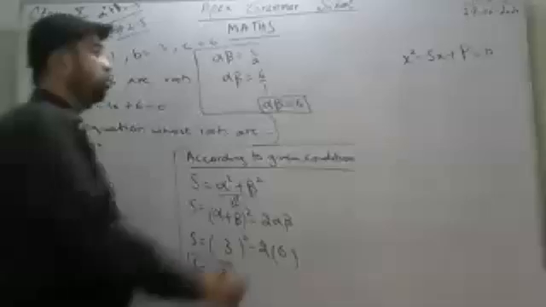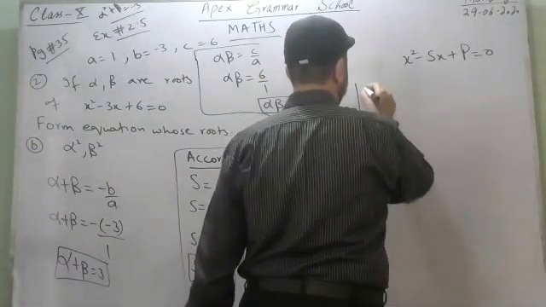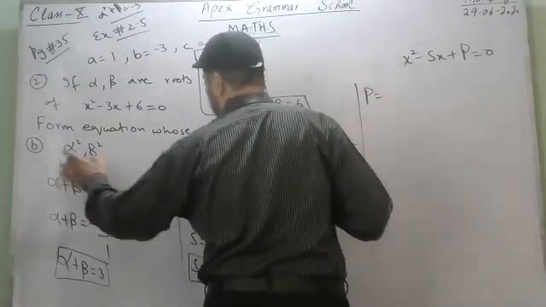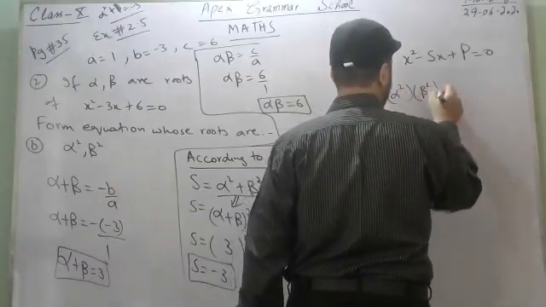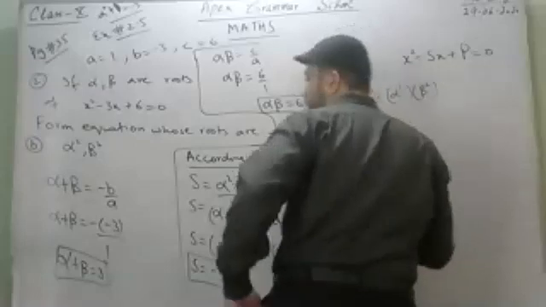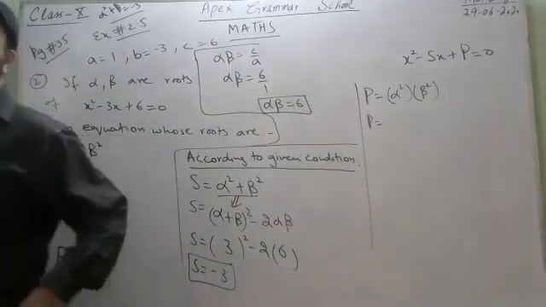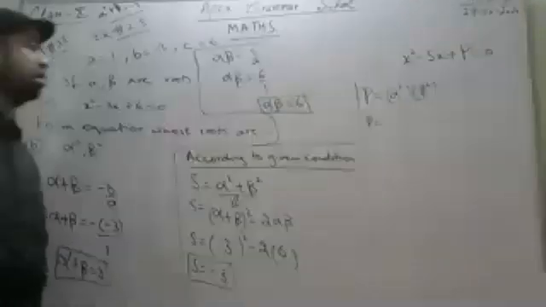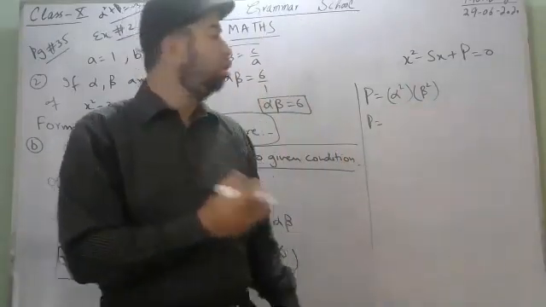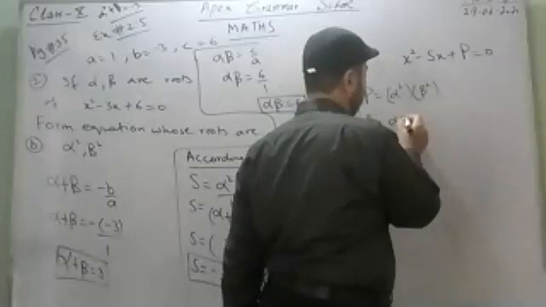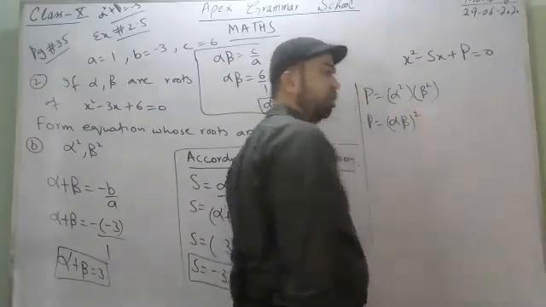We have the S value, and now we need the capital P value, that is the multiplication of alpha square and beta square. Now, how can you make the multiplication? You can see that alpha square and beta square both have power 2. So you can write it as alpha and beta in combined power because they are going to multiply.